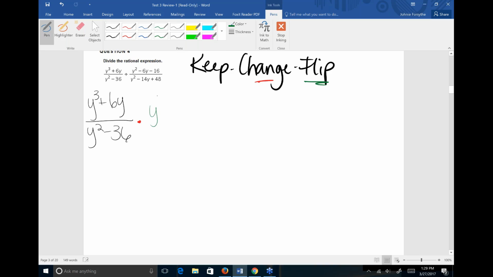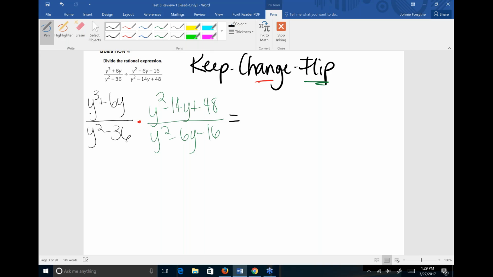So it's going to be y squared minus 14y plus 48 at the top, and then y squared minus 6y minus 16 at the bottom. All right, so now we've got some factoring to do.